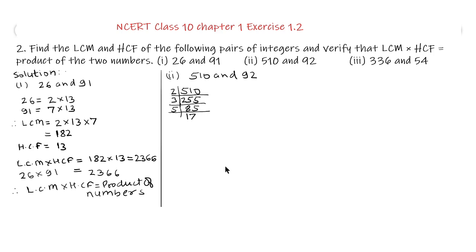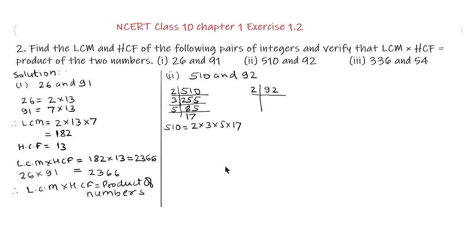So the prime factorization of 510 equal to 2 multiplied by 3 multiplied by 5 multiplied by 17. Now we find the prime factors of 92.